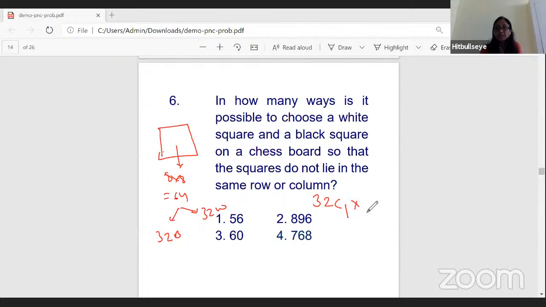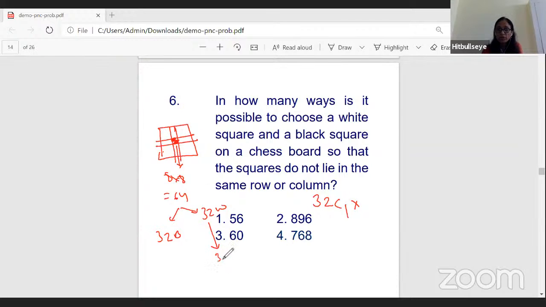But when you are selecting the white, you will not be allowed to choose from the same row or column from which the black has been selected. So suppose this is the black one that you have selected. You're not supposed to pick up the white from the same column or the same row. So out of these 32, the 4 which lie in the same column and the 4 which lie in the same row get eliminated from my choice.